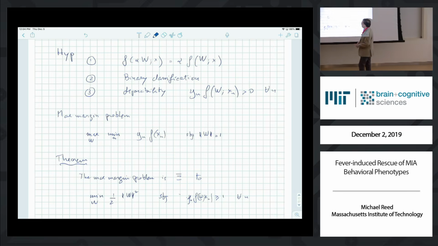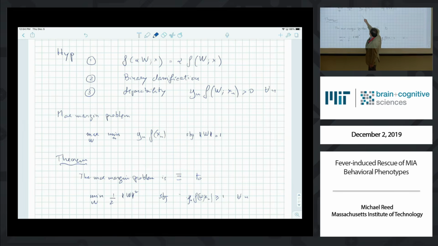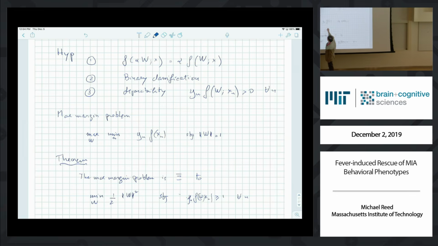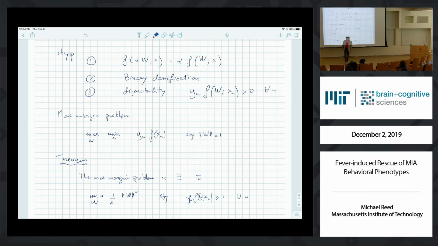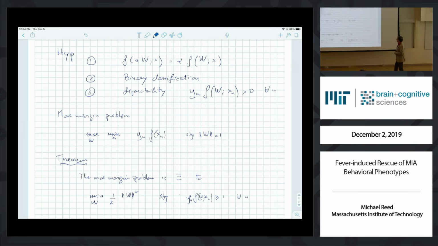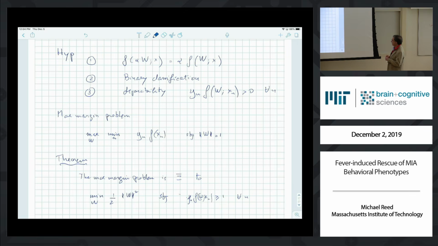The max margin problem says I'm looking for the margin, the minimum over n of this number, and then I take the maximum over weights, subject to the norm of the weights being 1.